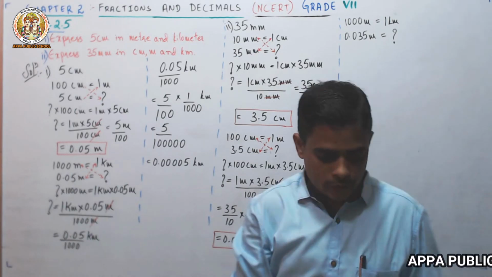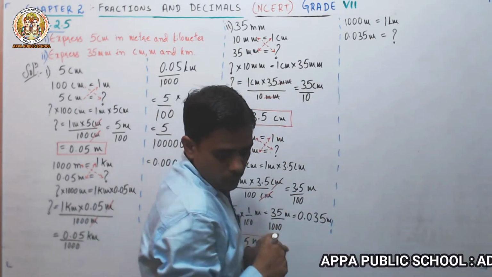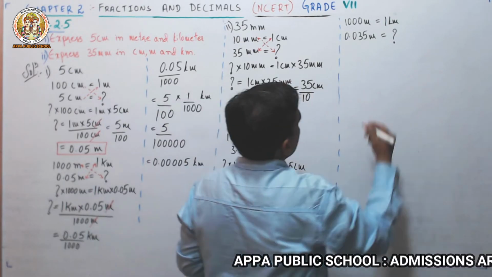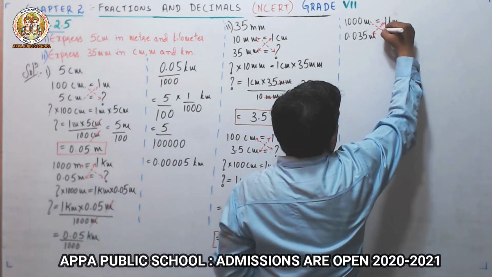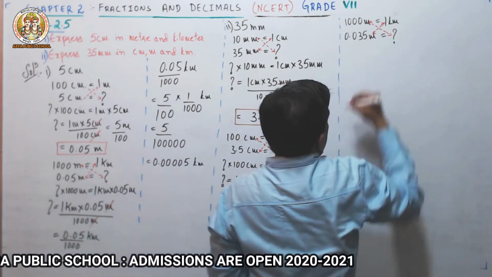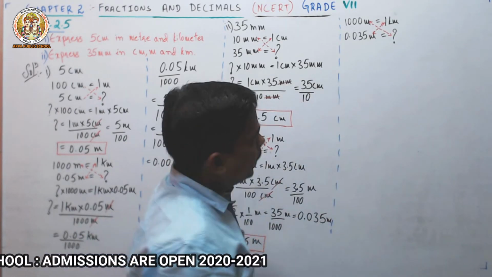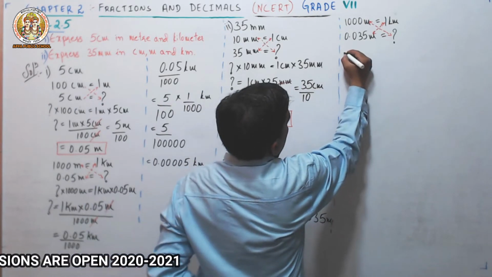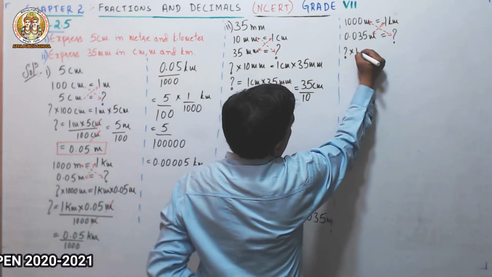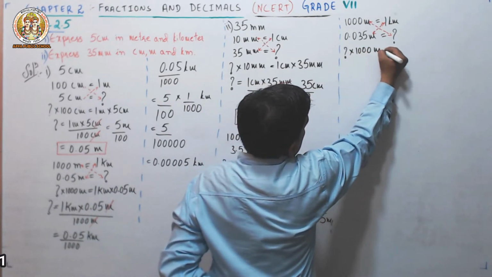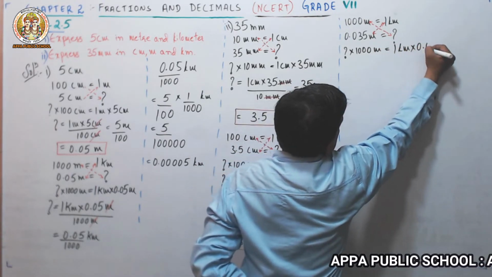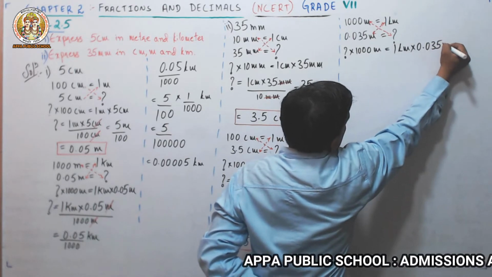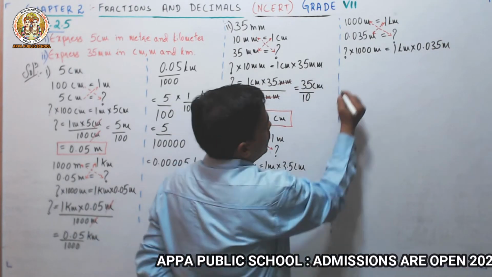Right? Next. See what I will do. Once again cross multiply it. If I cross multiply, see here please. Question mark into 1000 meters is equal to 1 kilometer into 0.035 meter. Right? Next.